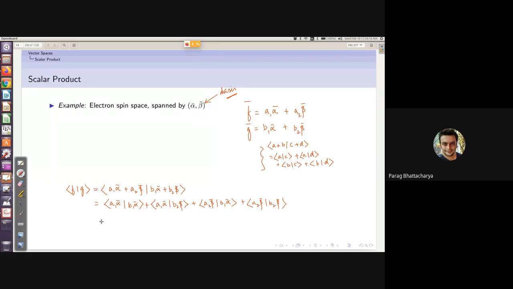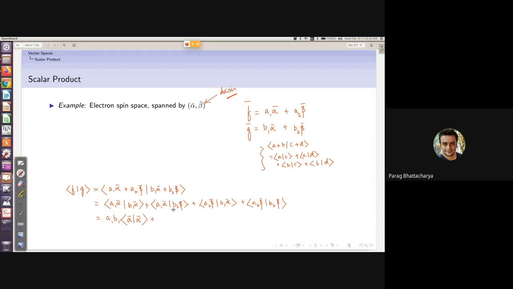Now A1, A2, B1, B2, all of them are constants, so they will come outside. Here we will get A1 B1 times the scalar product of alpha and alpha.